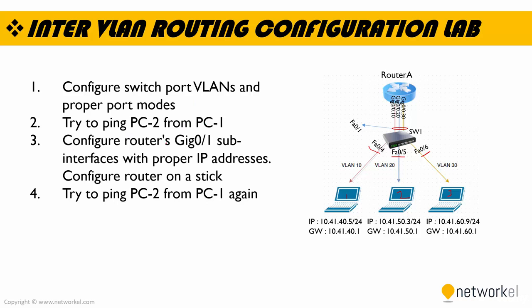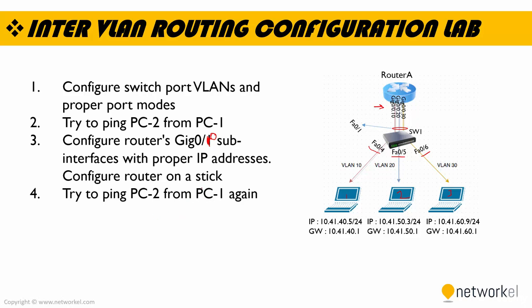Then, configure router's Gig 0/1 sub-interfaces with proper IP addresses. I think this is written wrong. This is gonna be Gig 0/0 because in the figure it's Gig 0/0. And configure router on a stick. And in the last step, try to ping PC2 from PC1 again.